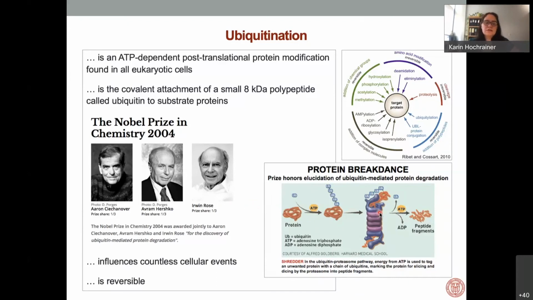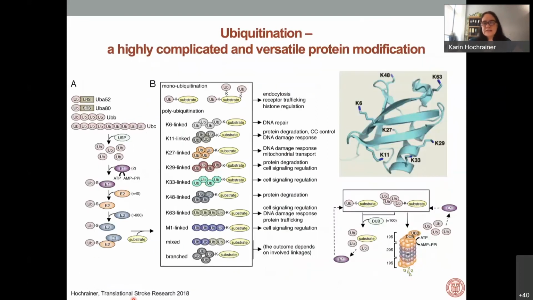Over the years, it has become clear that ubiquitination does not only lead to protein degradation, but it influences countless cellular events. How this is possible, I will explain in a moment. It is also reversible, which is important to know, because I'm going to talk about this too in a moment. Since ubiquitin is a polypeptide, a protein, it's synthesized by the cell itself.